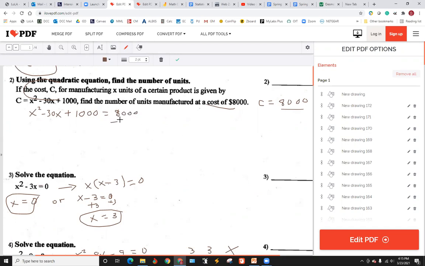So we're going to minus... So there we got our equation.